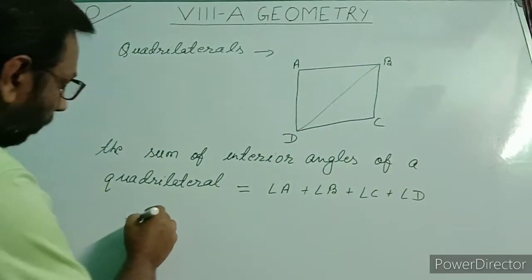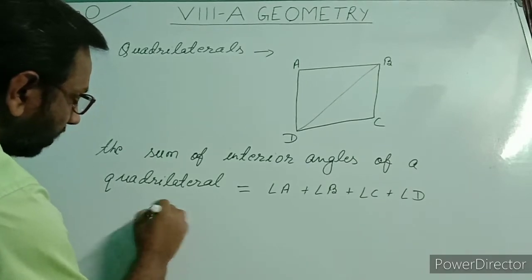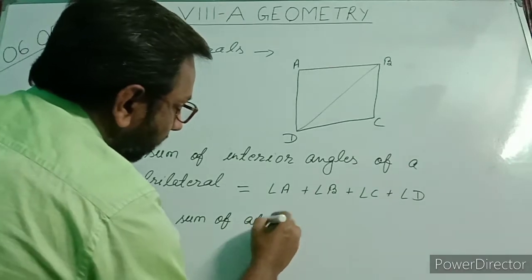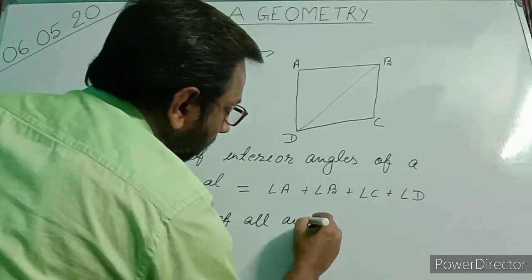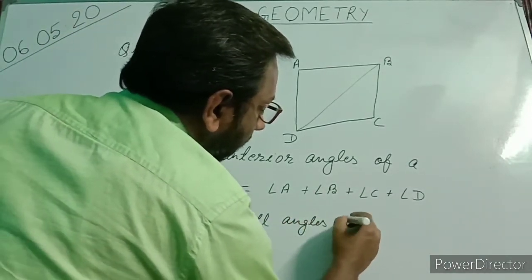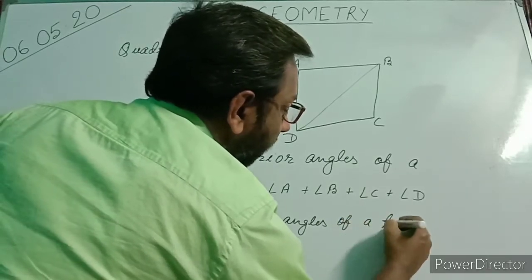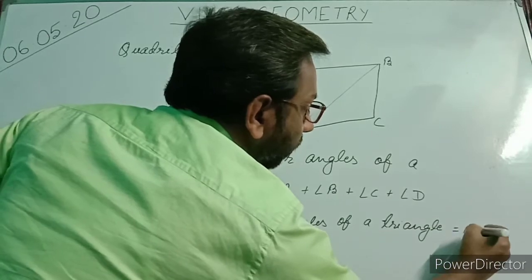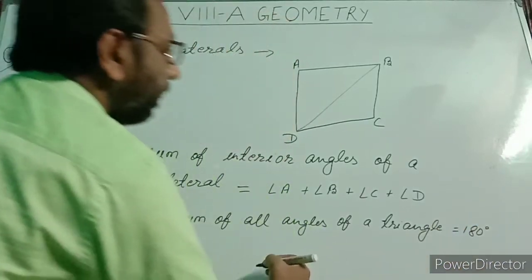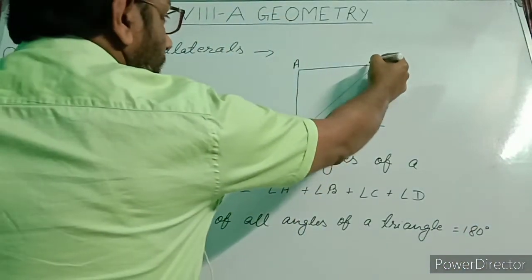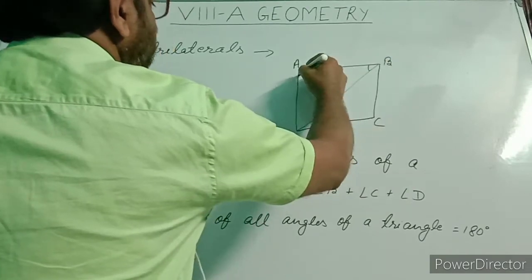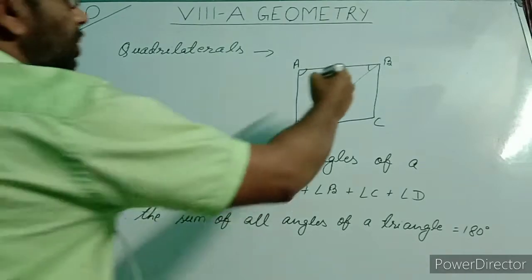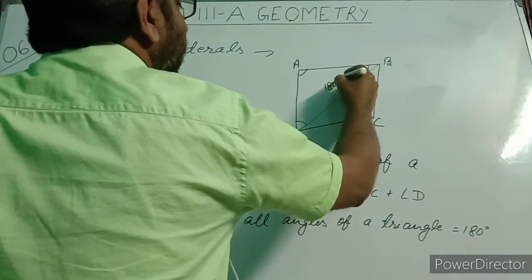And we know the sum of all angles of a triangle equal to 180 degree. So the sum of these three angles equal to 180 degree.